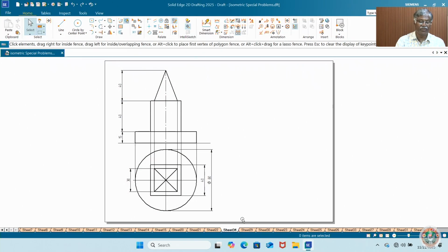Let me take up the combination of solids with three solids as we worked out earlier. This is the pyramid, the top one. In the top view, this is representing the pyramid since the slant edges are joining with the corner. And this is actually the square prism, or it may be a cube sometimes.